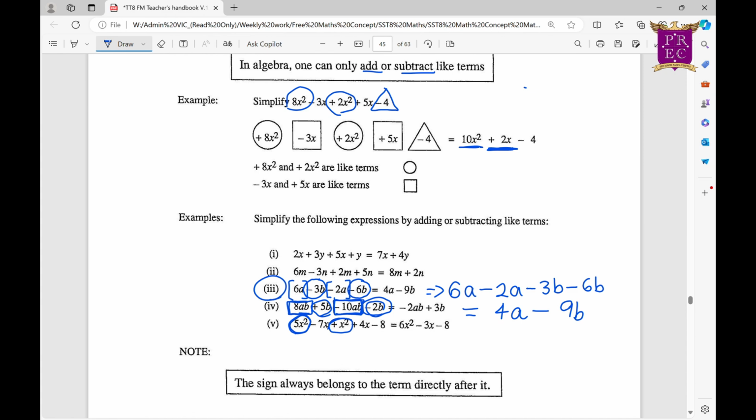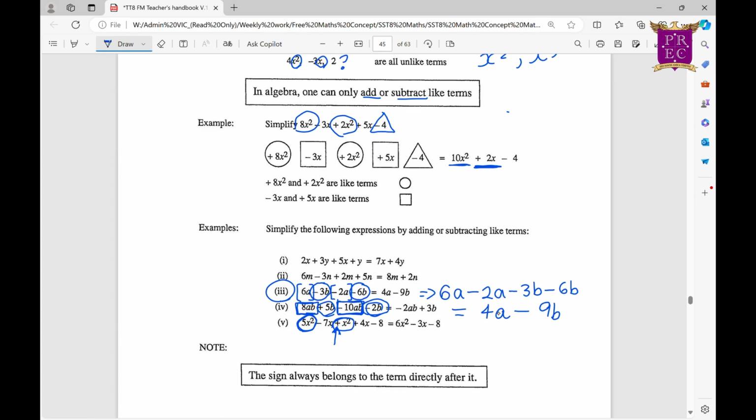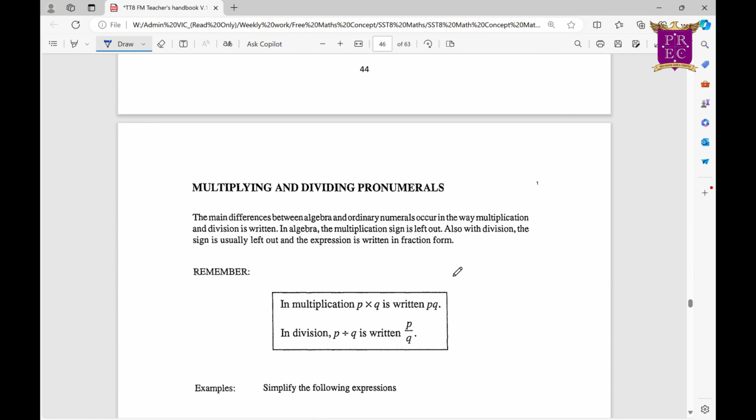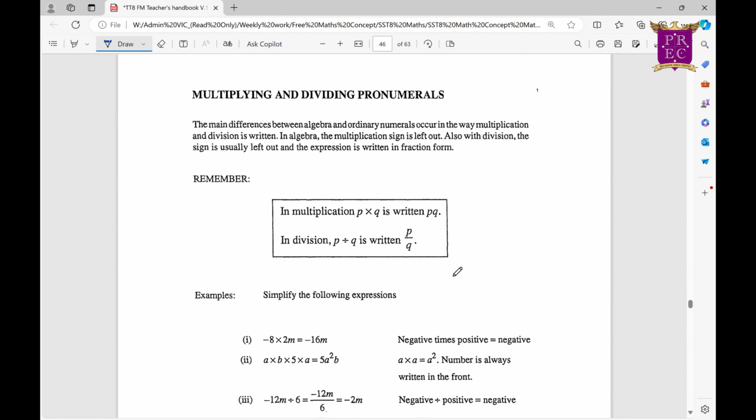It just requires careful attention to, well, when you want to add or subtract like terms, always make sure you first pay attention to what the like terms are, and always be wary of the sign that is in front of the like term, because that gets grouped in with the like term, as it mentions here.